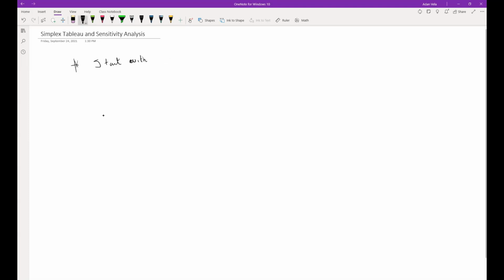We'll just start with basic variables that are potentially optimal. So this is the framework that we're going to be working in.